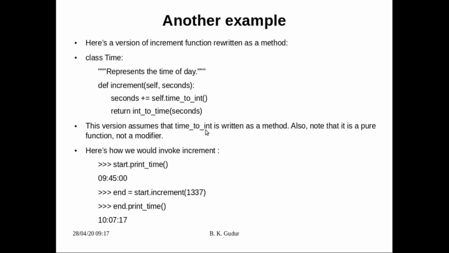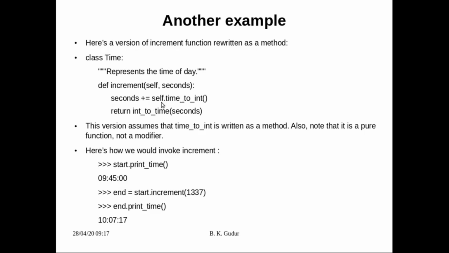We'll continue with this. Here, assume that time_to_int is written as a method. Here is one more version of the increment function which we have discussed. This is the version where we used int_to_time and time_to_int, with the method definition taking self and seconds. Here we have done seconds plus equals self dot time_to_int.